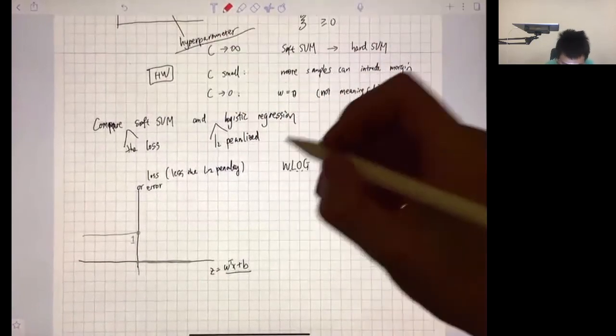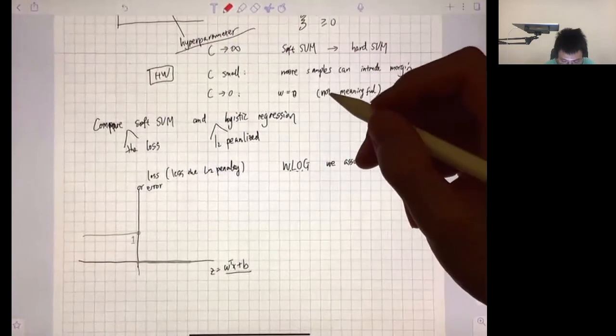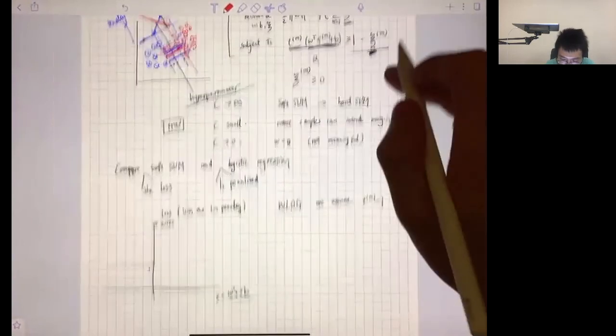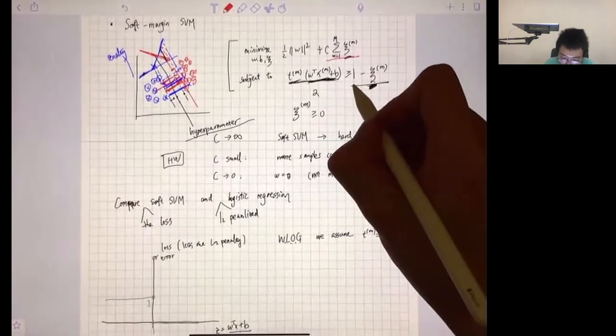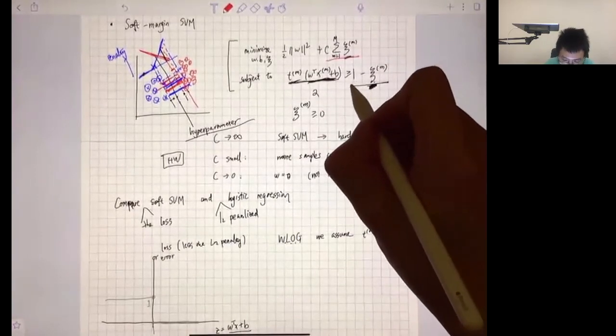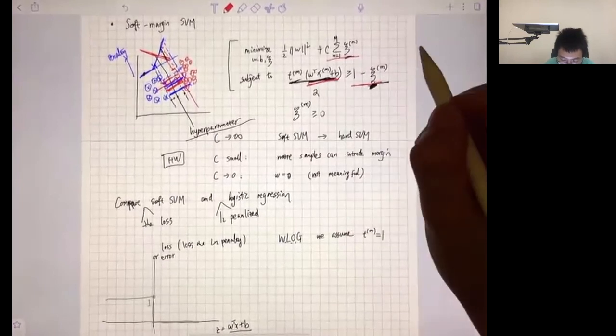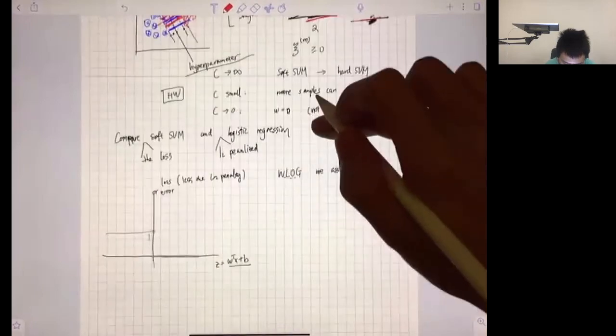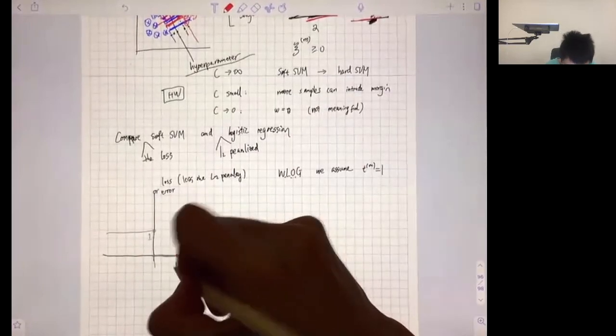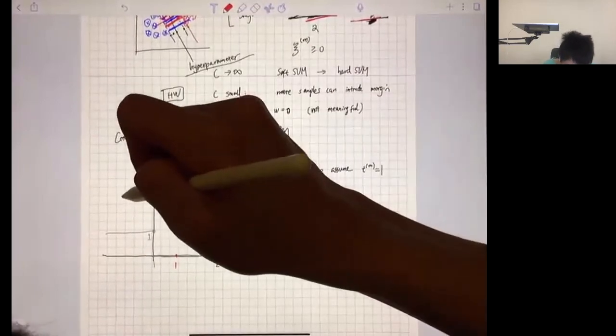What is the loss for the support vector machine? The support vector machine uses a linear loss: how much you go into the margin, which means how much this term W transpose X plus B is less than or equal to 1. Suppose this point is 1, then it's a linear term.